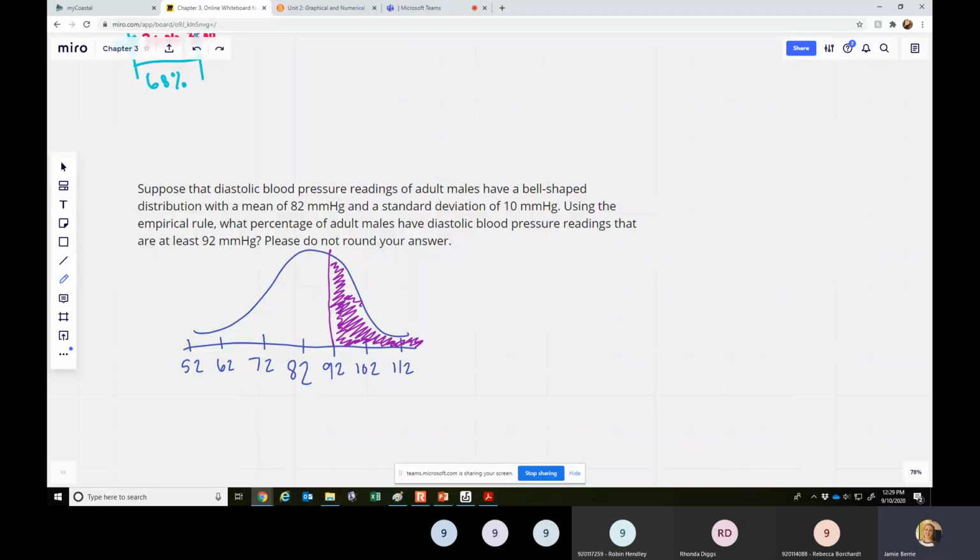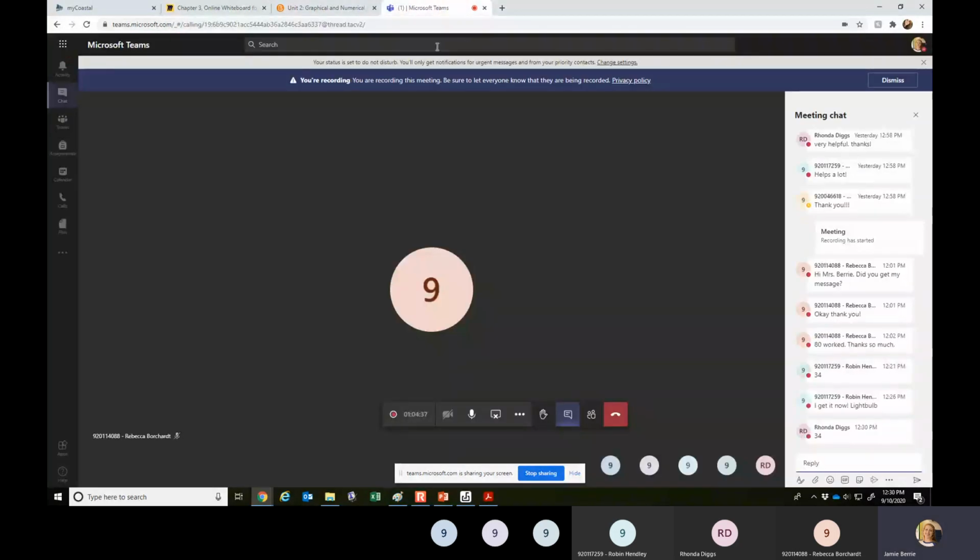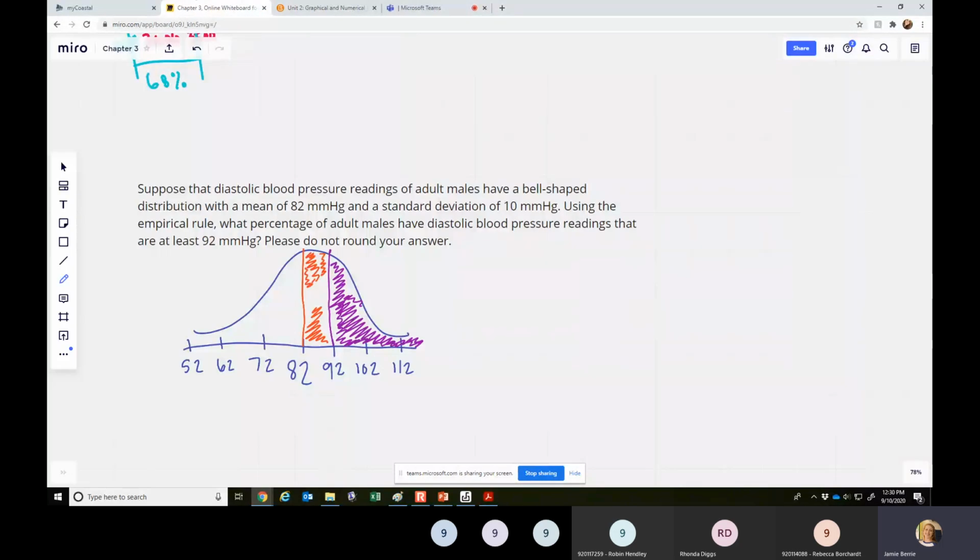But we just found what that little piece was. Remember, we just found what this little piece was. Do y'all remember what percentage was in this little piece right here? 34, yes, it was 34% right here.